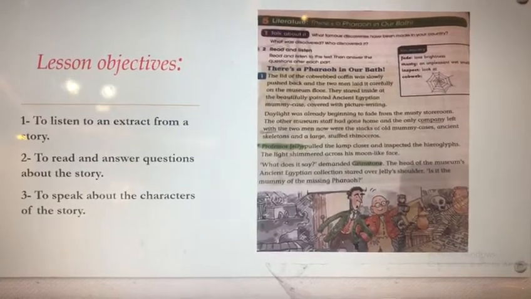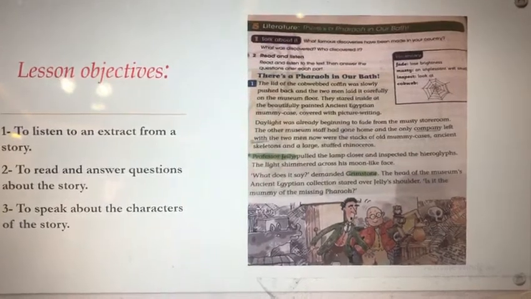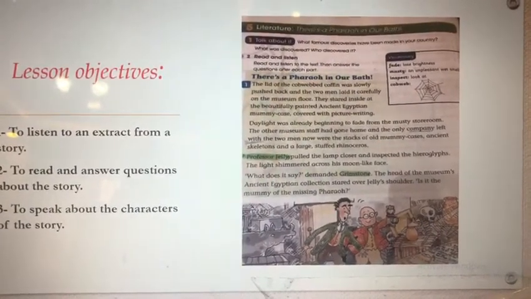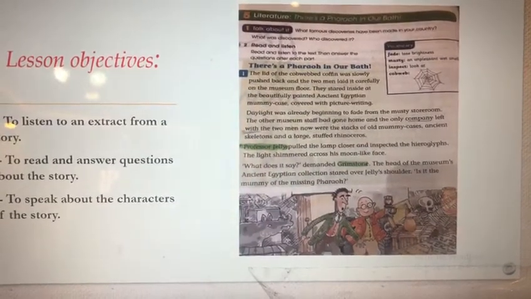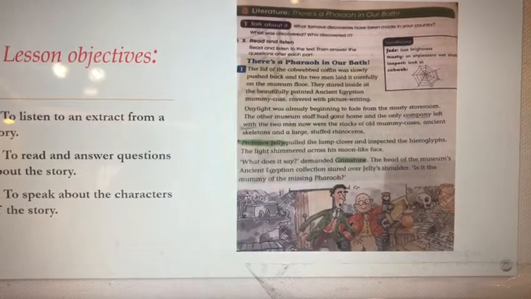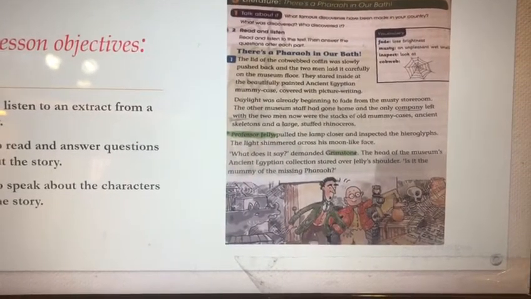There is a Pharaoh in our bath. The lid of the cobwebbed coffin was slowly pushed back, and the two men laid it carefully on the museum floor. They stared inside at the beautifully painted ancient Egyptian mummy case covered with picture writing.